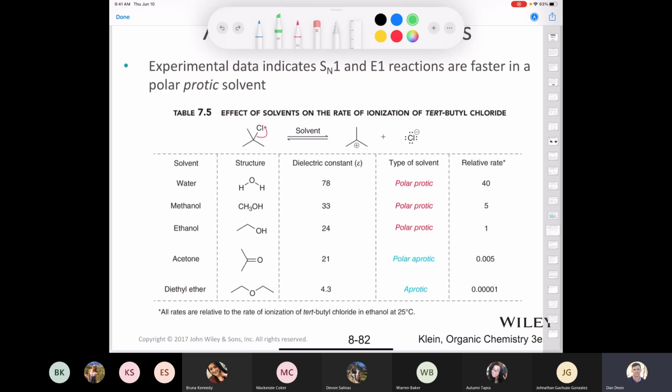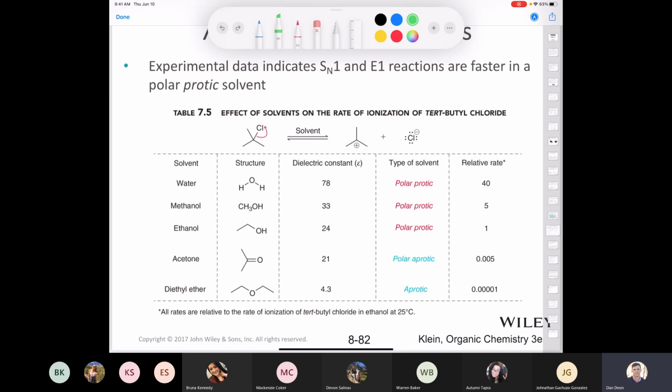Well, what we see with SN1 and E1 reactions is the exact opposite. Okay, we see the exact opposite effect. We see that the more polar a solvent is, so polar protic solvents like water, methanol, ethanol, these are going to be the types of solvents that will promote the reactivity of an SN1 or an E1 reaction.